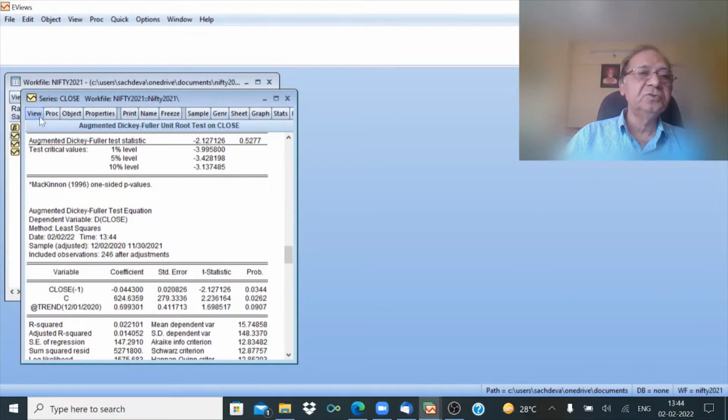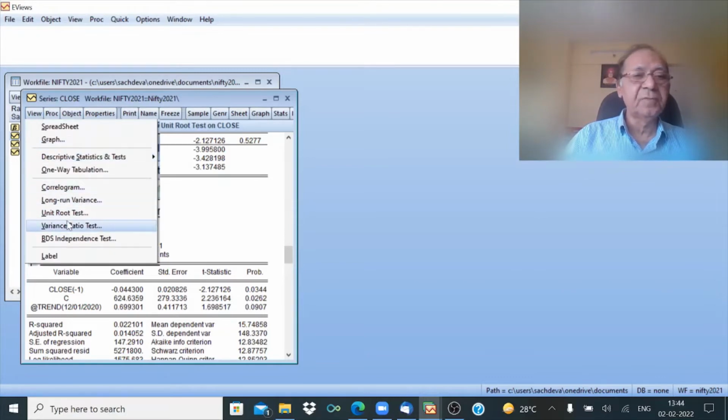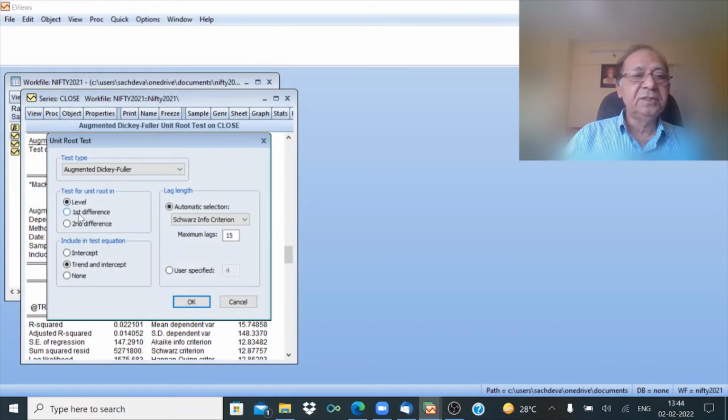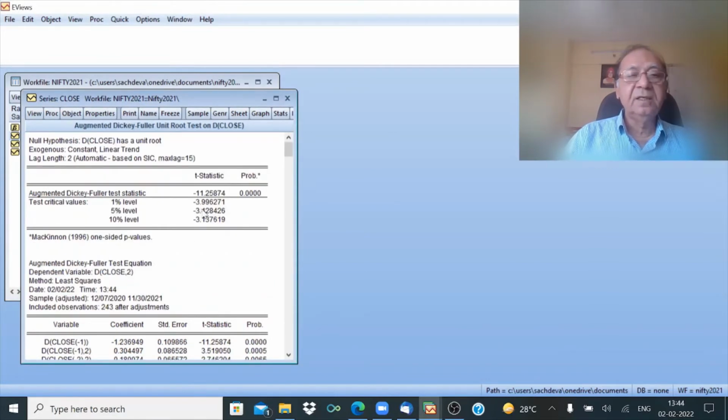Now let us see the same unit root test at first difference with trend and intercept. Here the probability is 0.000, so we can reject the null hypothesis.